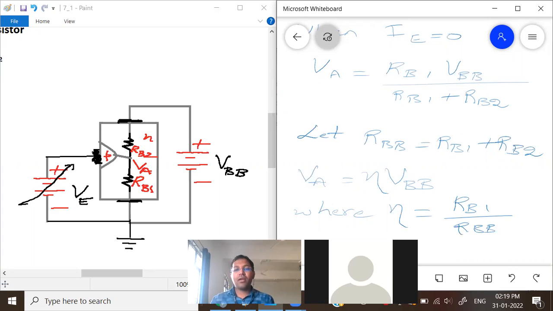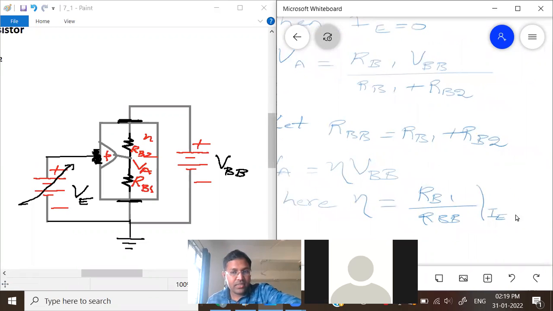But remember, all this is for the case when IE is 0. We have started with IE is 0, when nothing is connected to the P side here. So you have to mention that when IE is 0, eta is RB1 by RBB.